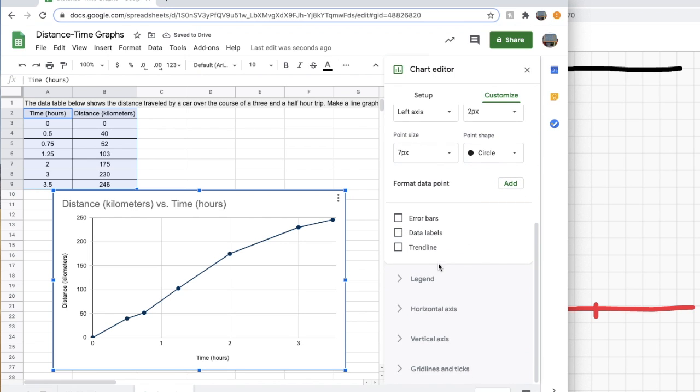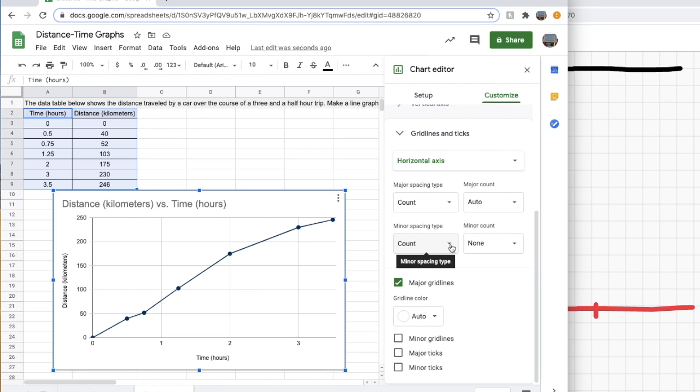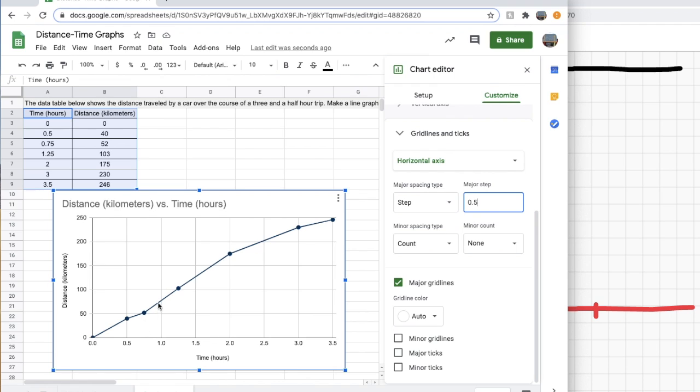Okay, and then for my grid lines, I'm going to add my minor grid lines in there. So let's do count, and okay. So now it's going to do every half an hour as a grid line to make it make a little more sense where we're looking at.